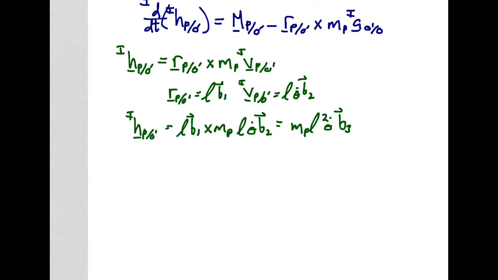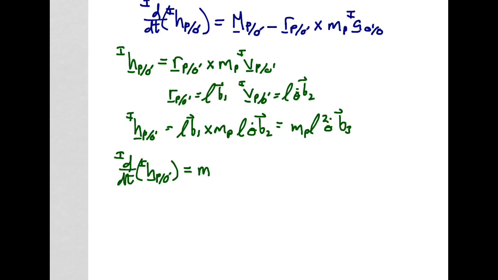Let's take the time differentiation of this, d dt observed in the inertial reference frame, of the angular momentum of P with respect to O prime. Using the chain rule, we get the mass of P, L squared, theta double dot in the B3 direction, plus MP L squared theta dot multiplied times the time differentiation as observed in the inertial reference frame of B3.